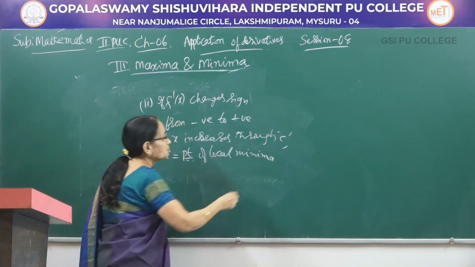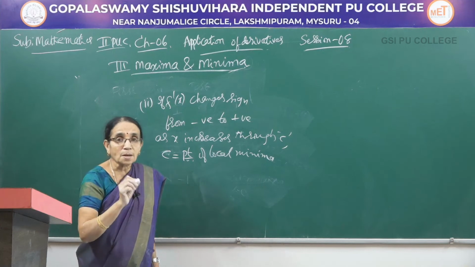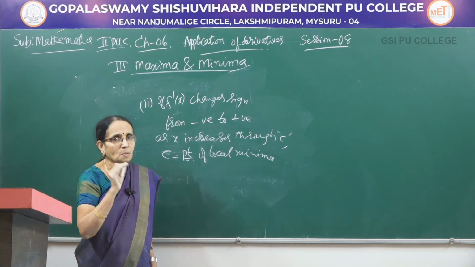So if f dash x changes from positive to negative through a particular point, it is called a point of local maxima, and that value is the local maximum value.